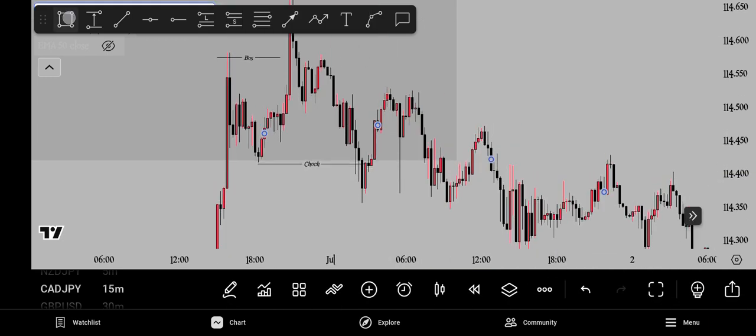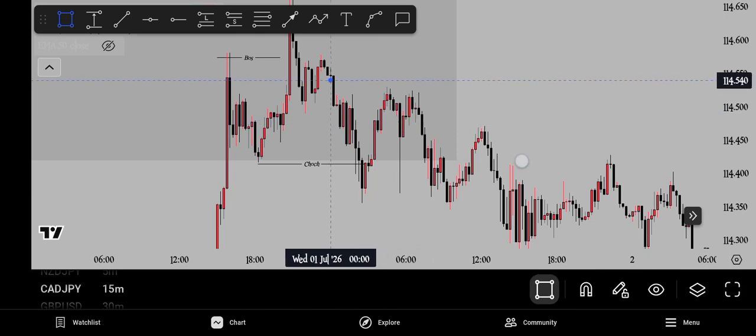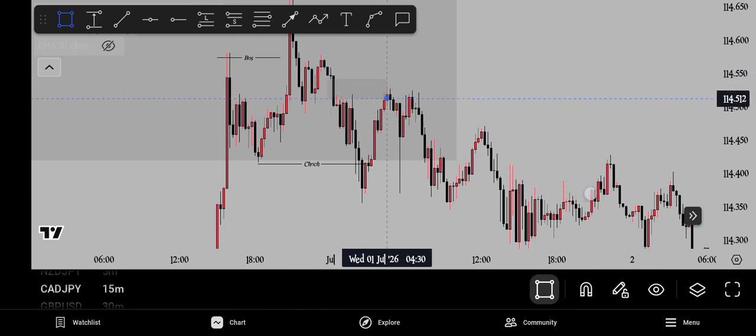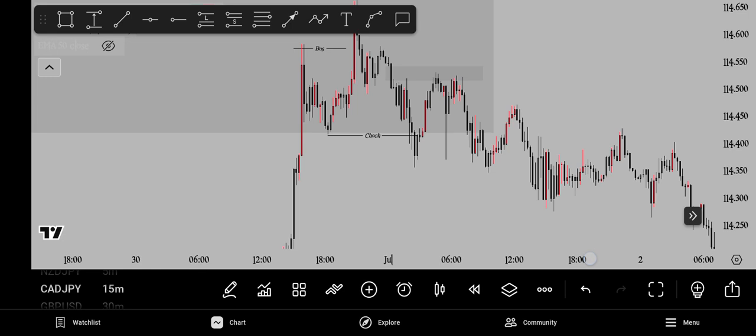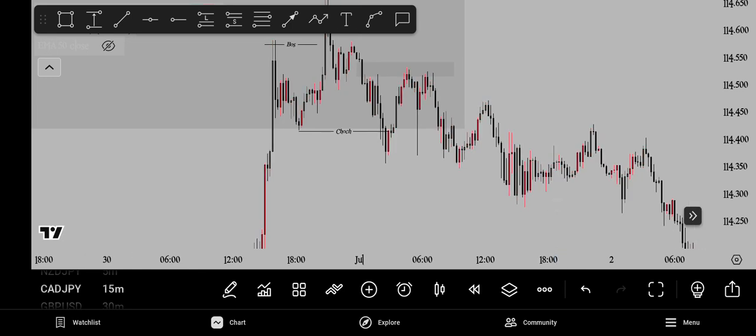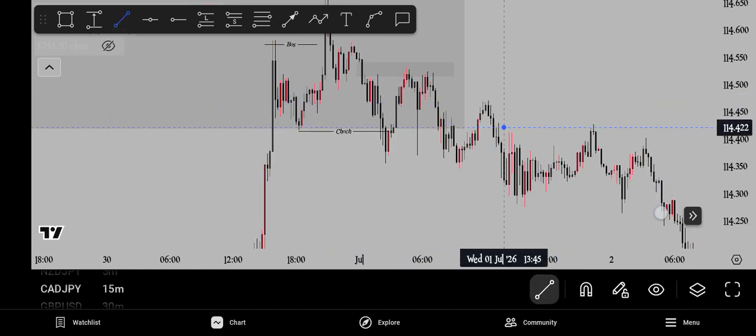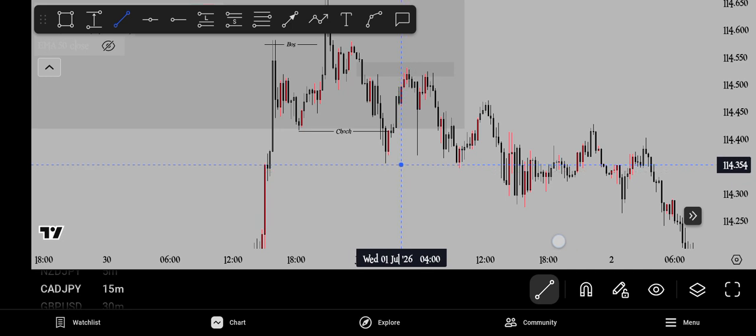After this change of character, price used what? This fair value gap. Price reacted from this fair value gap, giving us what?